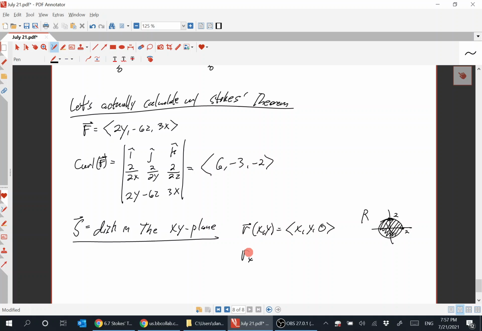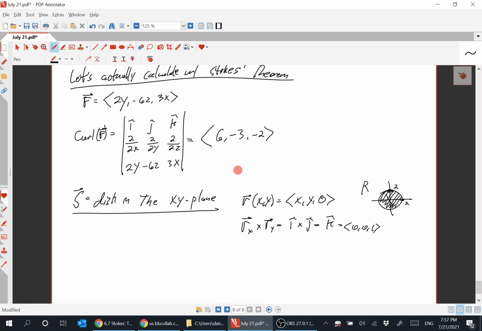Right, so the partial derivative of r with respect to x is 1, 0, 0, that's i. With respect to y is 0, 1, 0, that's j. So the upward orientation of this is the cross product of i then j, which is k, which is 0, 0, 1.